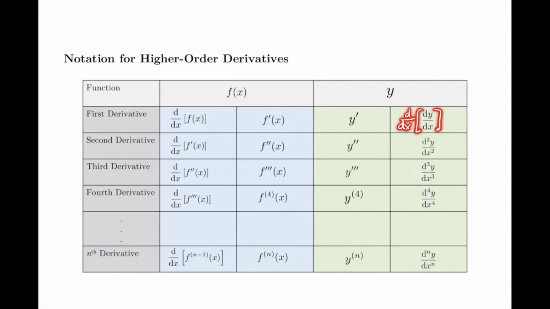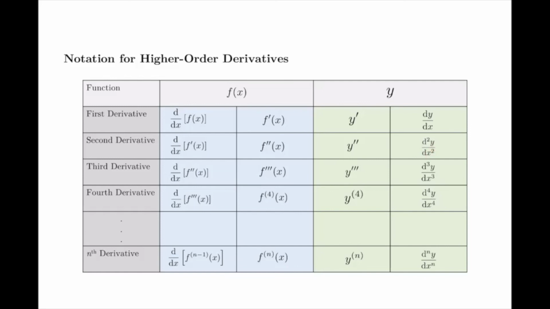And the way that we notate the second derivative in this way is we put a 2 in the superscript of the d, meaning take the derivative twice of y. And then we put a 2 in the superscript with the x down here, which means that we're differentiating with respect to x twice.